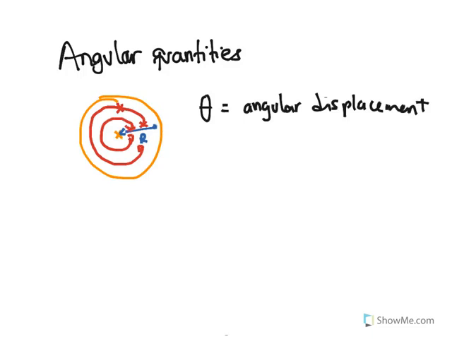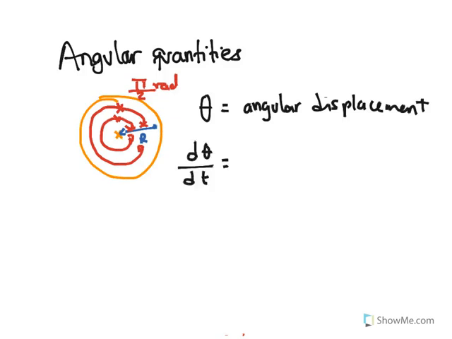All of the particles will perform the same angle. For instance, it could be pi radians, or in this case, it goes from 0 towards pi/2 radians. All of them are going to be covering pi/2 radians in a certain time. That's called an angular displacement.